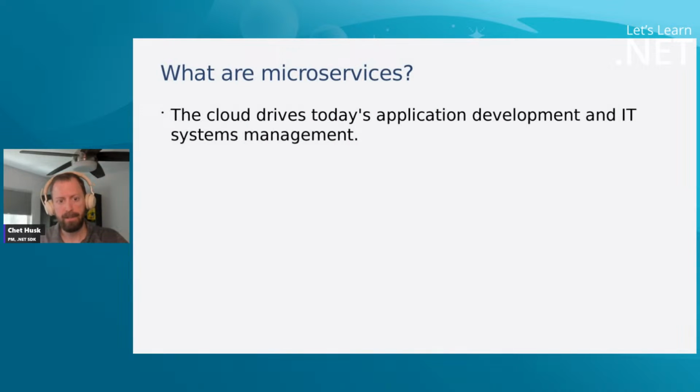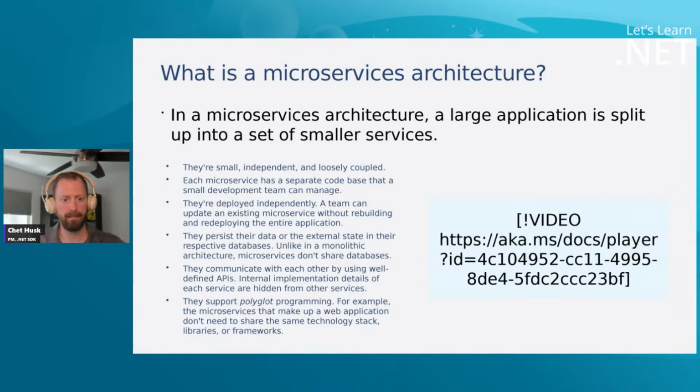So we've talked a bit about what they are. They are an independent unit of functionality. They are ideally completely in control of their data. And they are a unit that can be developed and deployed independently.